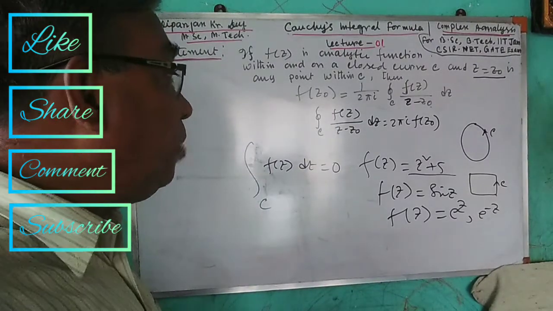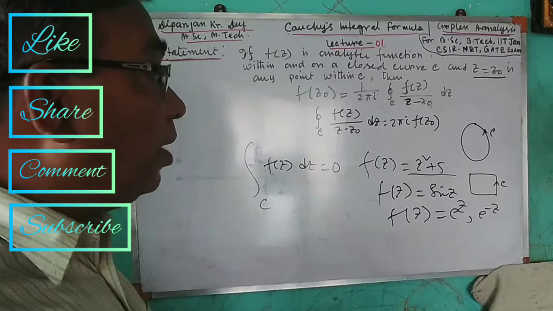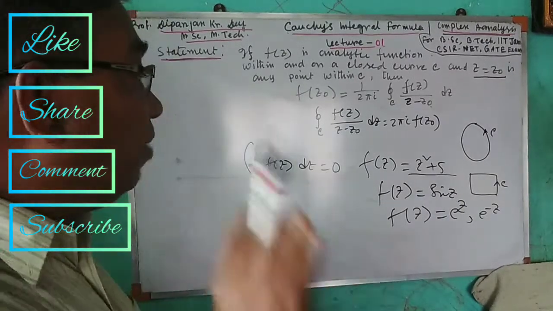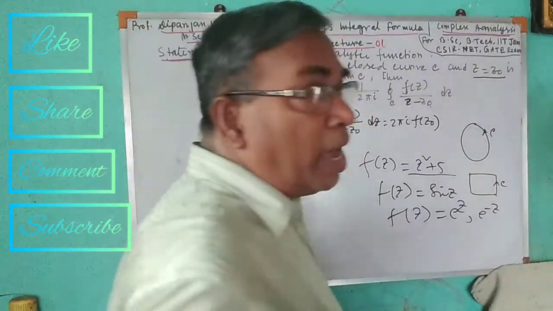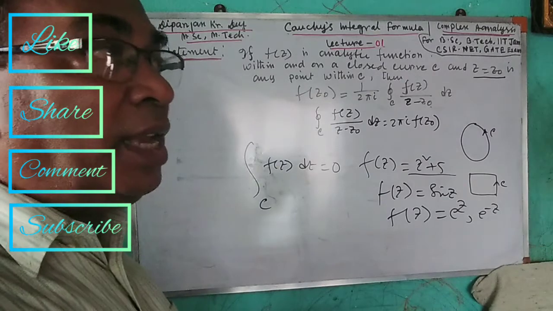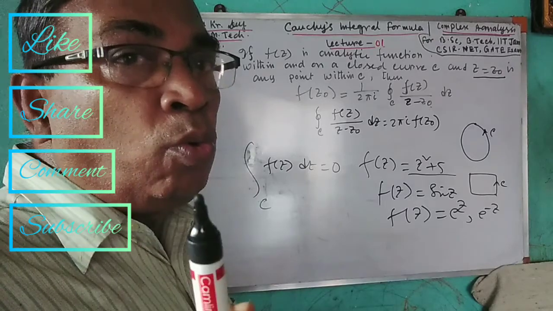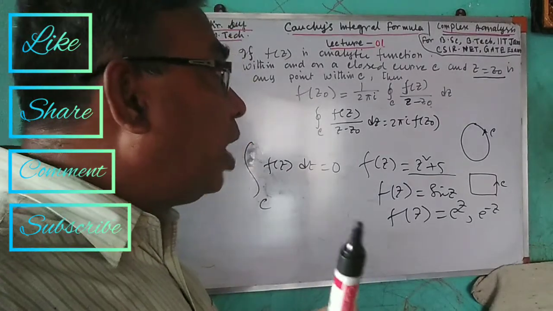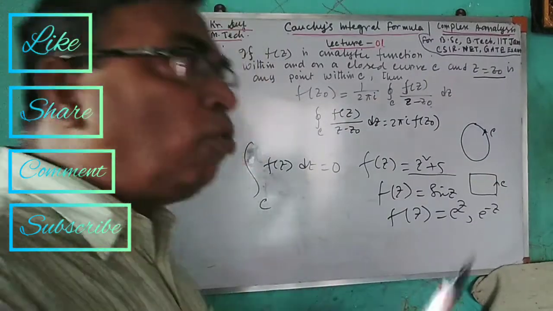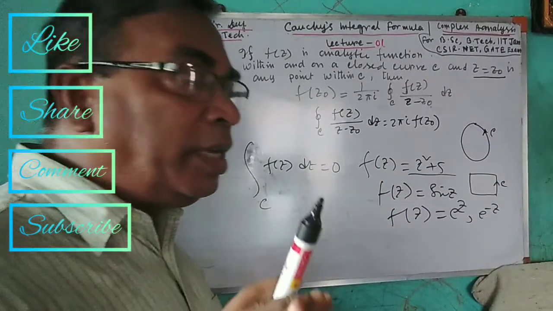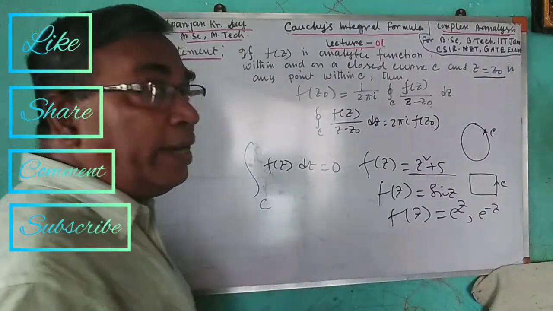If f(z) is an analytic function, then integration along any curve, whether it is a circle, a square, or a rectangle, we won't see which curve it is. It may be any closed curve. The integration is directly 0.